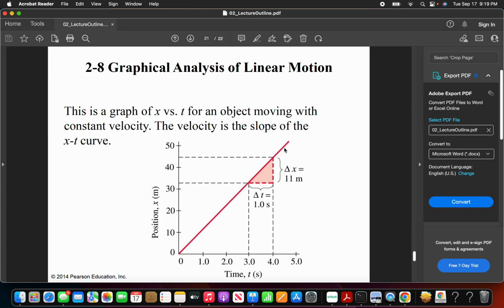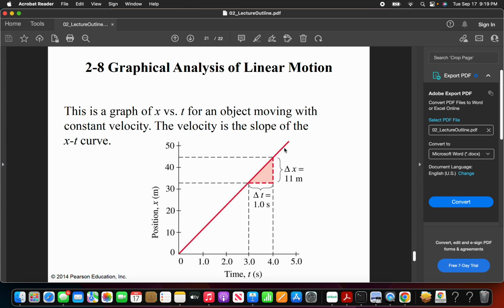So x is position. So I'm changing position on the y-axis, and I'm changing time. My time is getting longer on the x-axis as I move to the right, right? And so if I take the slope of that line, I can calculate my velocity.